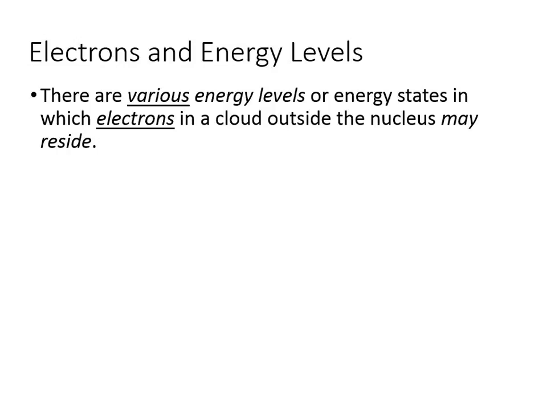Another thing about electrons is they exist at what we call energy levels. If this is an electron orbiting the nucleus, it doesn't really orbit like this, it's actually in a cloud. But where its location is is part of how much energy it has.